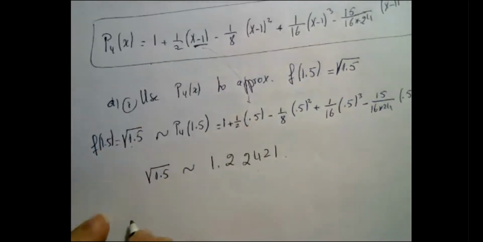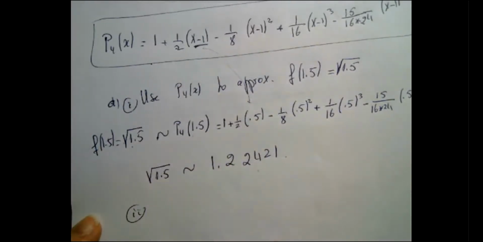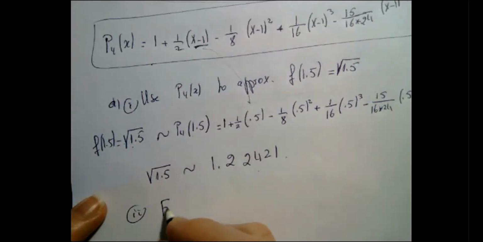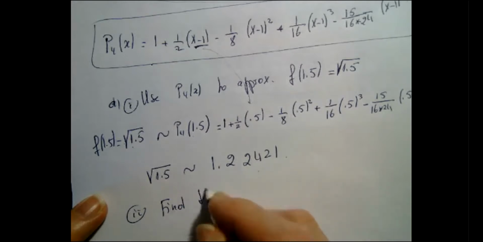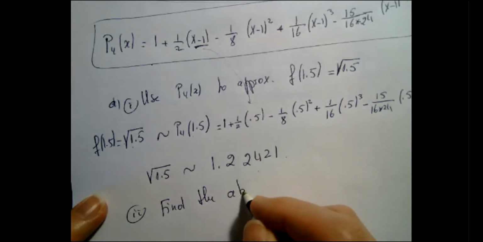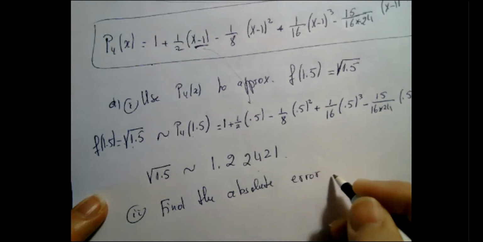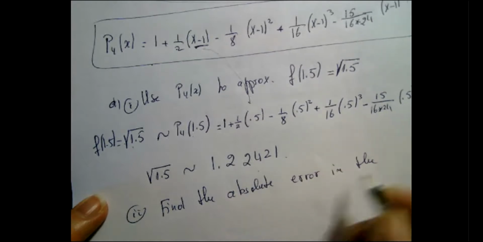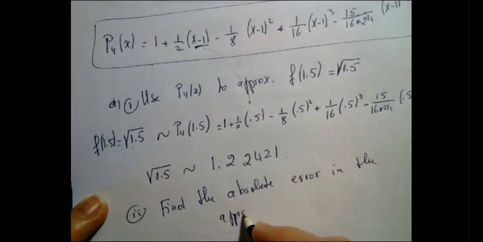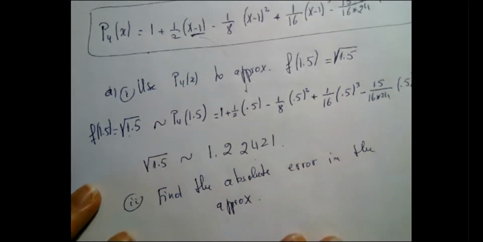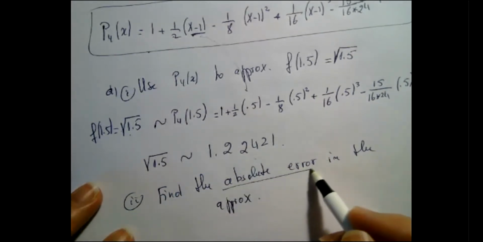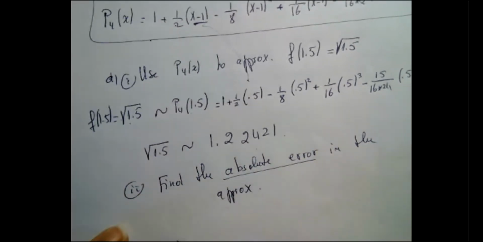So the last question is 2i: find the absolute value of the error in the approximation. So find the absolute error in the approximation. What do you think they mean by the absolute error? Like how far off we are from the actual point?